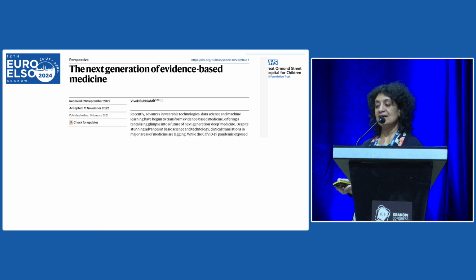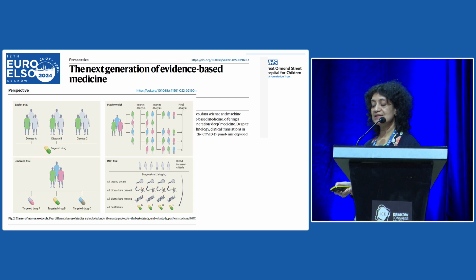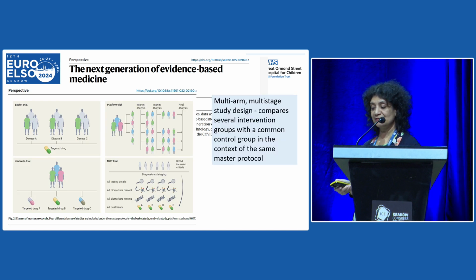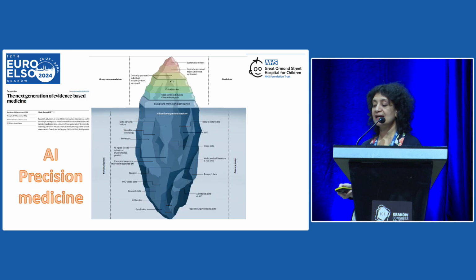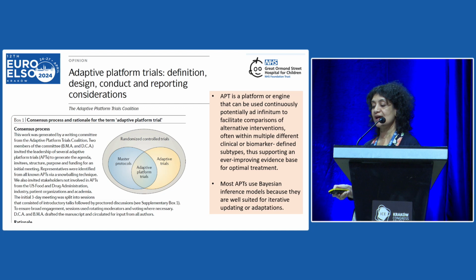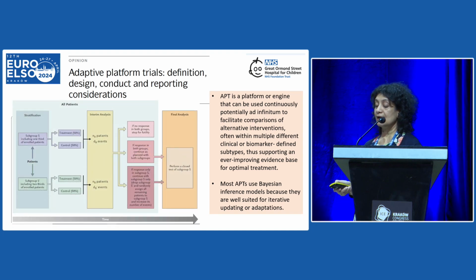The last three or four slides are on the next generation of evidence-based trials, the adaptive platform trials, which are multi-stage, multi-arm study designs. You can see different things here, and I won't even pretend I understand all of this very well, but all I want to show is that we need to look forwards into artificial intelligence and precision medicine.